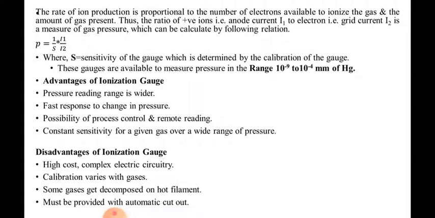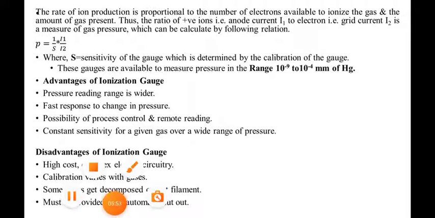Which can be calculated by the following relation: P equal to 1 by S into I1 by I2, where S is the sensitivity of a gauge, which is determined by the calibration of gas. The gauge is available to measure pressure in the range of 10 to the power minus 9 to 10 to the power minus 4 mm of Hg.